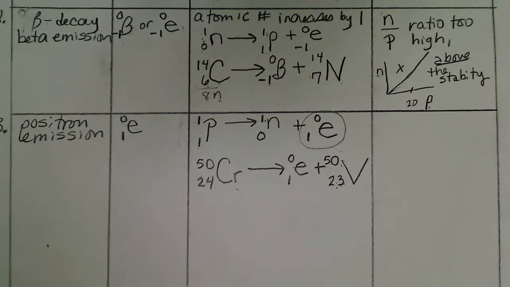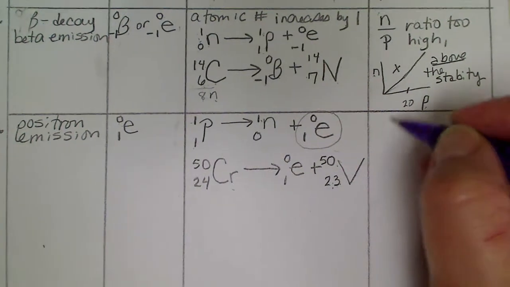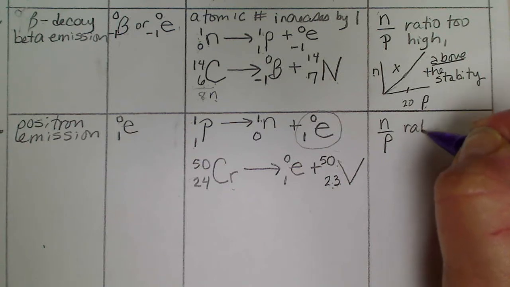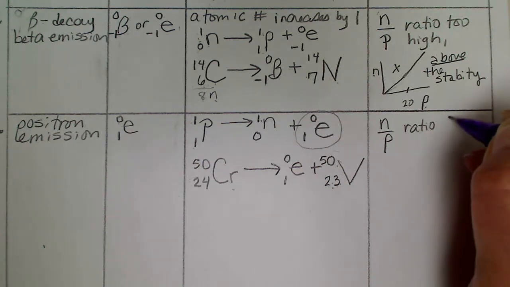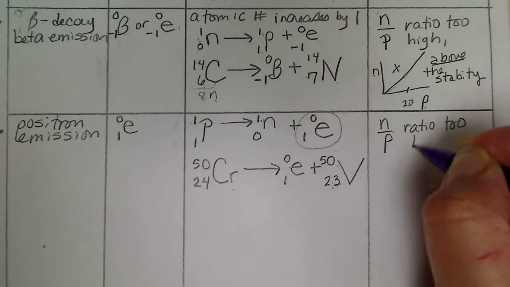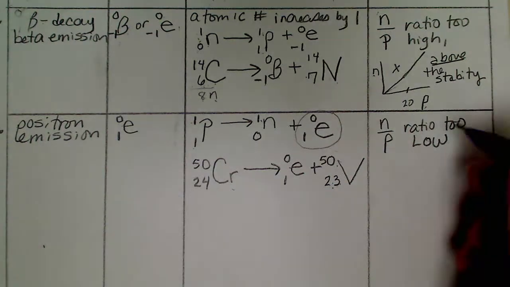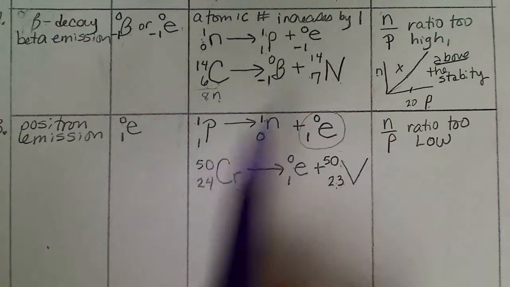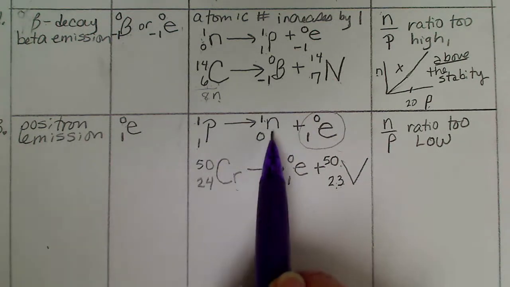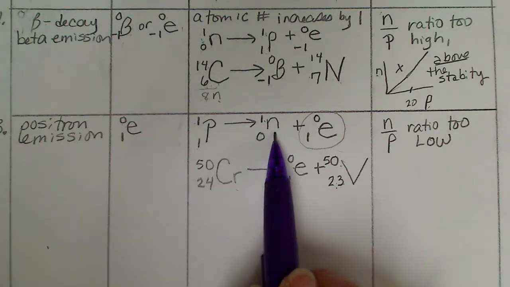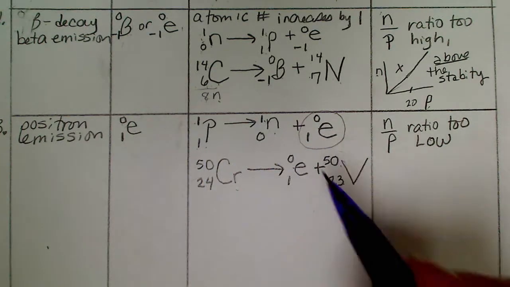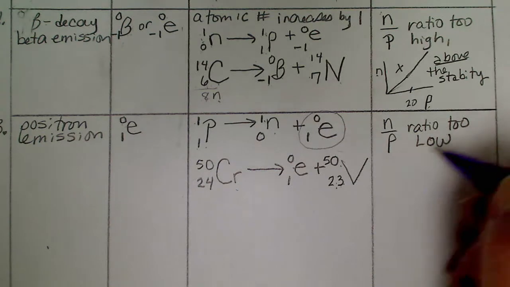Okay. This is likely to occur when the neutron to proton ratio is too low, or there's too many protons in this instance. So if a proton turns into a neutron inside the nucleus, that's because there's too many protons. Otherwise, that reaction would not occur.